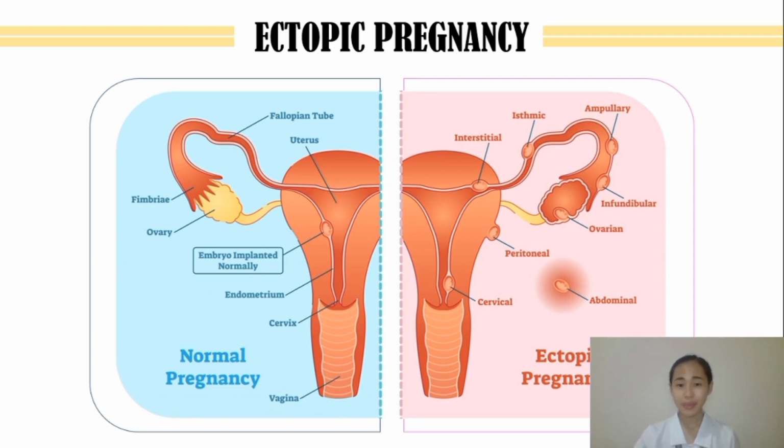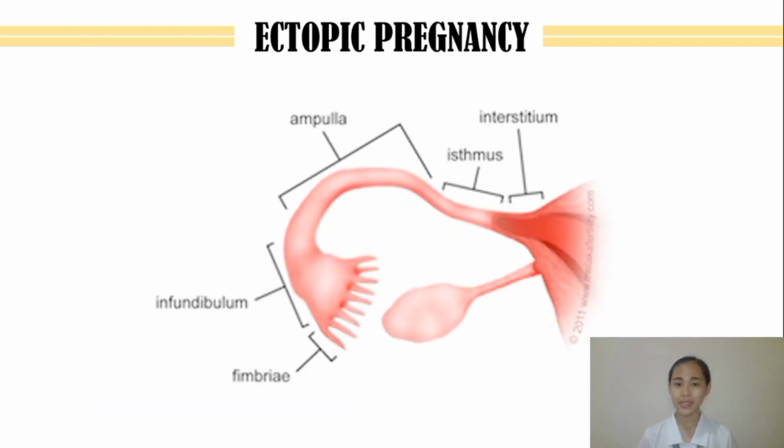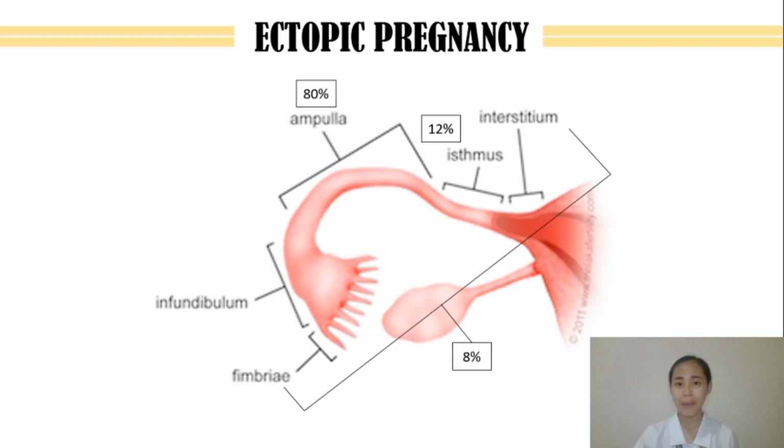Approximately 95% of ectopic pregnancies happen in the fallopian tube, 80% in the ampulla portion, 12% in the isthmus, and the remaining 8% in the interstitial and fimbriae portion.